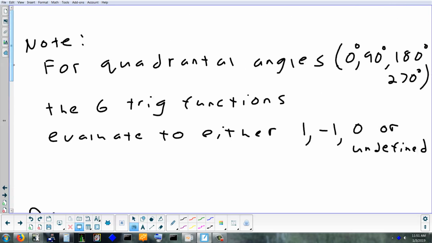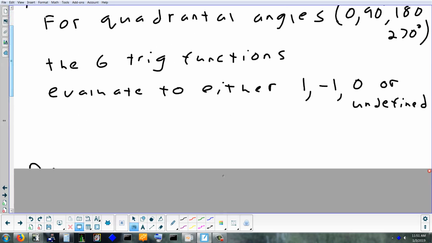So let's just say they asked you to find the sine of 90 degrees. First of all, does it matter how big of a 90-degree angle you make? No, they're all similar.